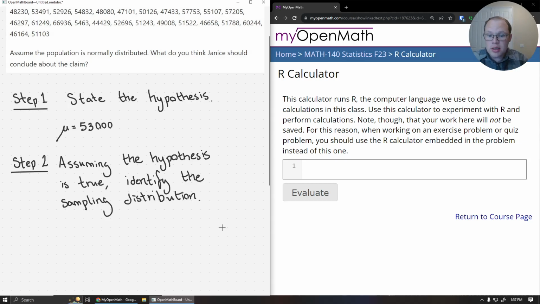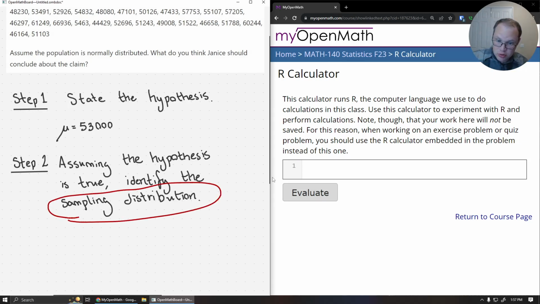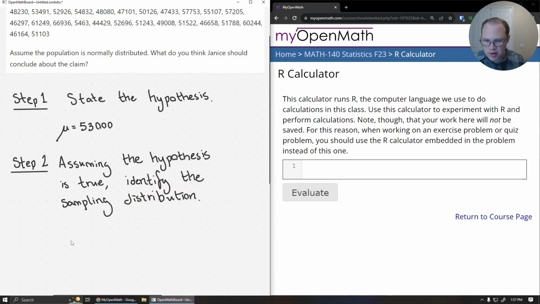Okay, so we want our sampling distribution to be the sampling distribution of sample means, which is given to us by the central limit theorem for sample means. According to the central limit theorem, sample means are normally distributed with a mean equal to the mean of the underlying population, and the standard error of the distribution equal to the standard deviation of the population divided by the square root of the sample size.